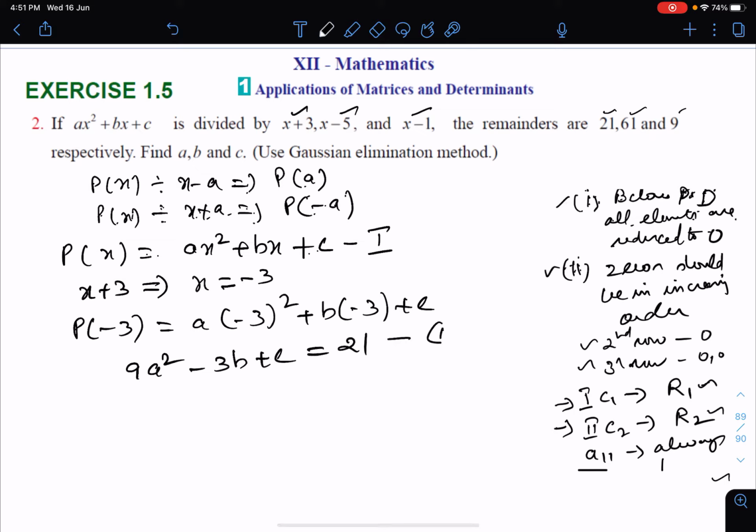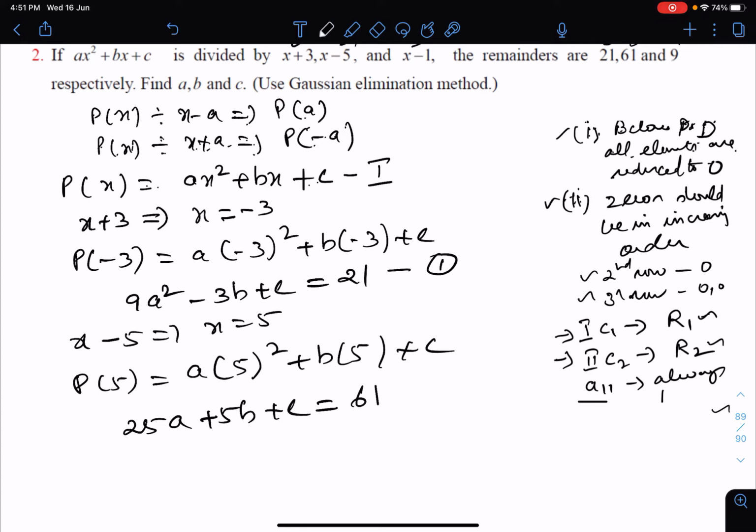Similarly, when it is divided by x minus 5, x is equal to 5. So p of 5 is a into 5 the whole square plus b into 5 plus c. You are going to get the equation as 25a plus 5b plus c equal to 61, the remainder. And then the last factor is x minus 1.